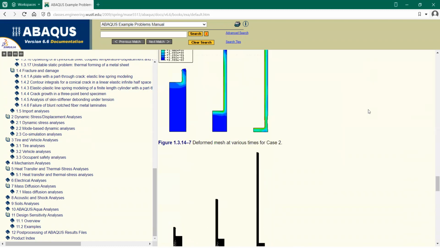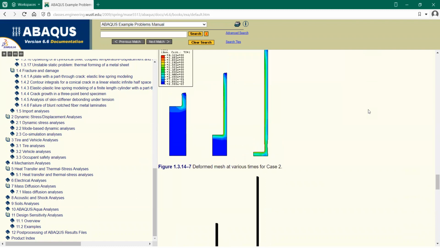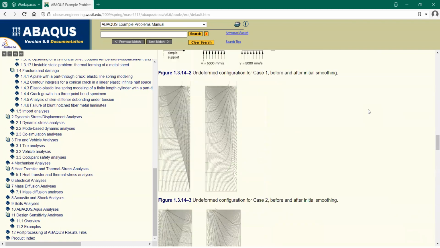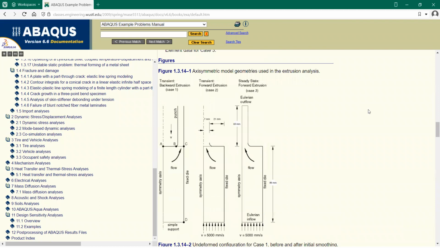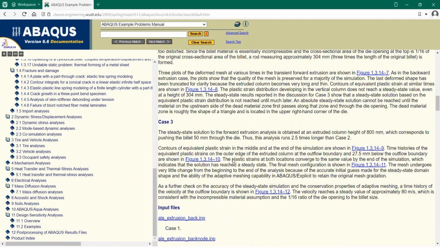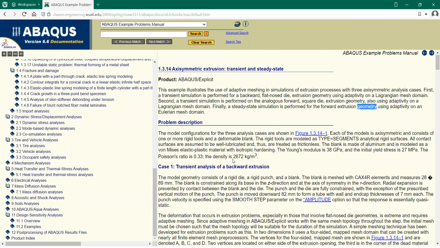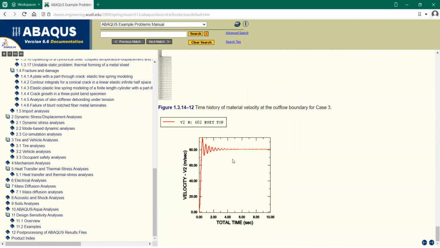You can revolve this geometry. And how would it look? Would it look like two cylinders placed one above the other? So these are different axisymmetric problems.